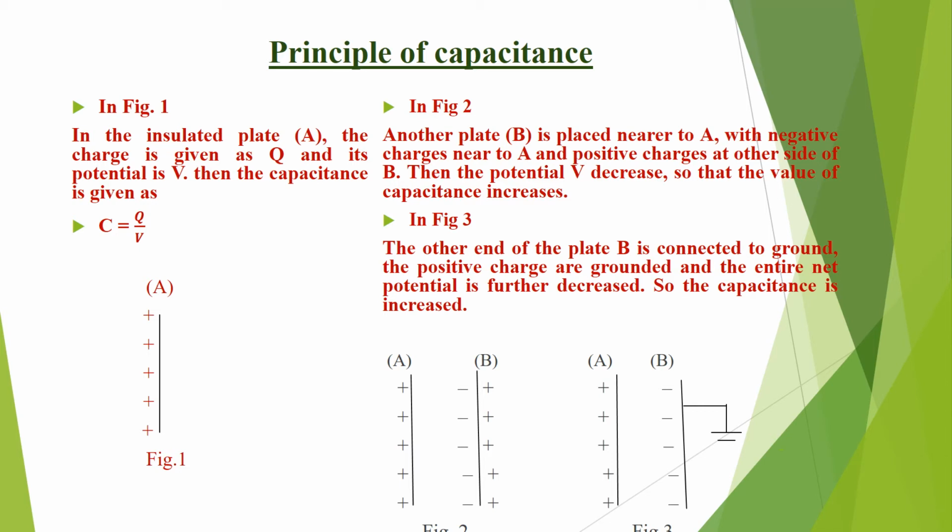In figure 3, the figure is the same, but the second plate, the B plate, is connected to the ground. The positive charges on the B plate are directly connected to the earth. So the voltage decreases further because the positive charges are grounded, and the capacitance increases further.